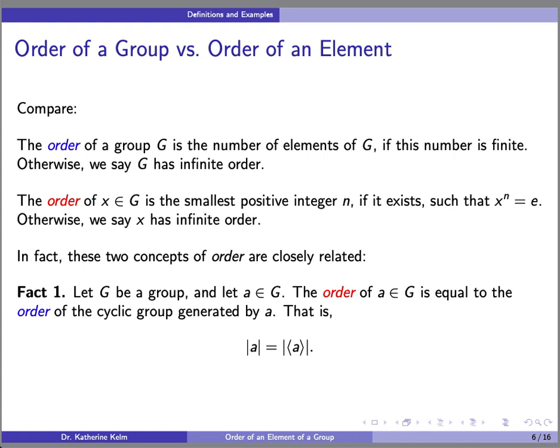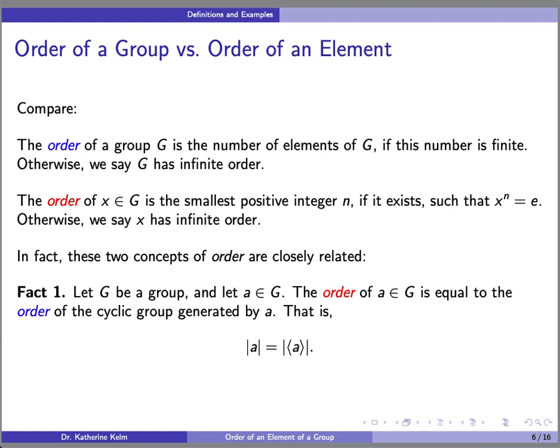Let G be a group, and let A be an element of G. The order of A is equal to the order of the cyclic group generated by A. So that sentence uses the word order in both senses. The order of an element is equal to the order of a certain group.